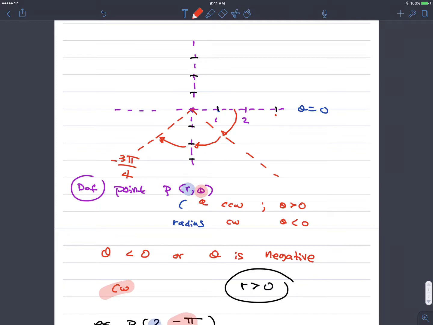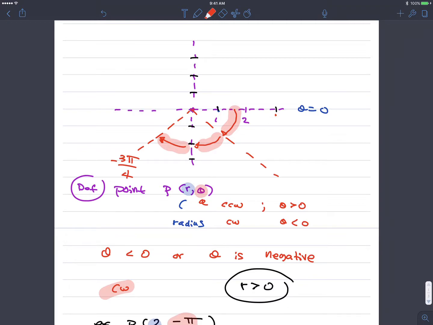You don't necessarily have to know the angle, although it's 45 degrees; the point is here's 1, here's 2, and here's 3, where we rotated clockwise. So this is where negative 3π over 4 would be.